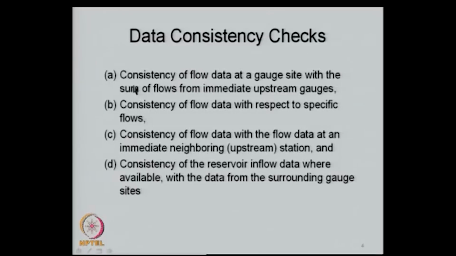So, we will now introduce the data consistency checks more formally and examine them with respect to some examples. As I mentioned, first we look at the consistency of flow data at a gauge site with the sum of flows from immediate upstream gauges.